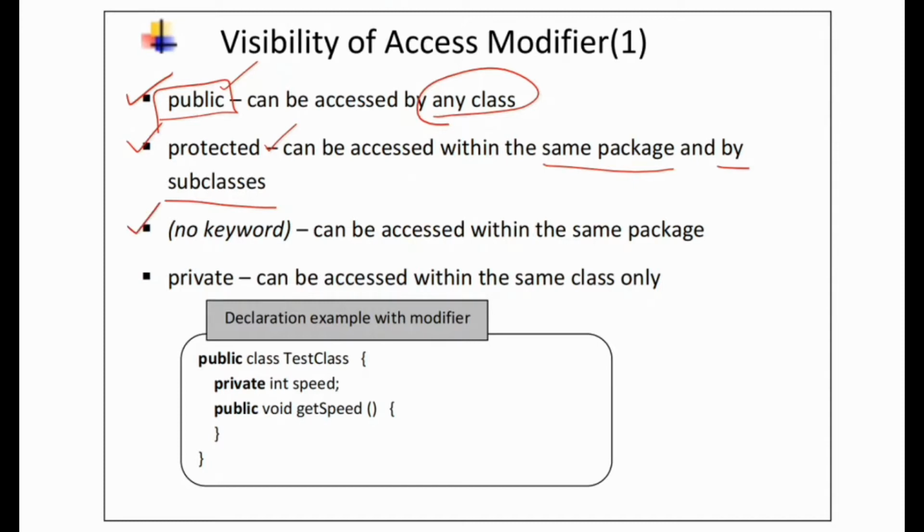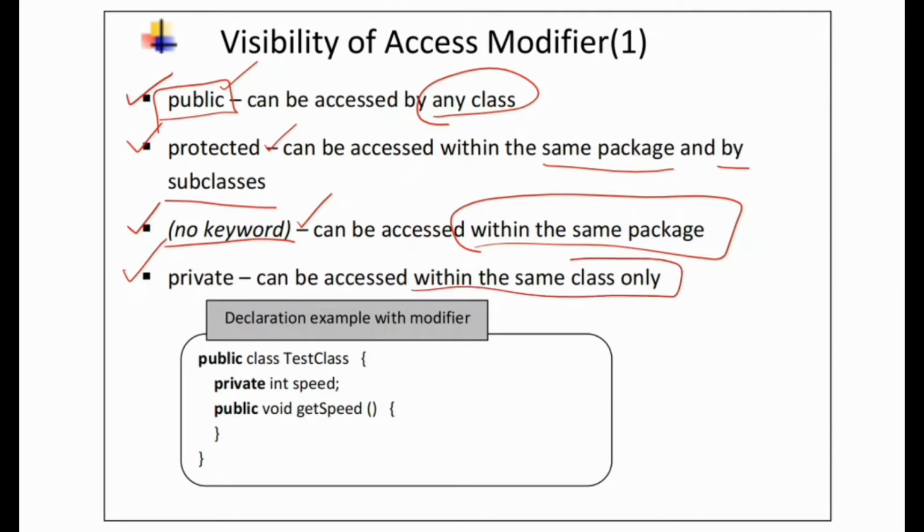The third is no keyword, which we already discussed in the previous video using the example circle and using circle. And an object defined with no keyword can be accessed within the same package only. And lastly, private is an access modifier which makes an object accessible or visible within the same class only.